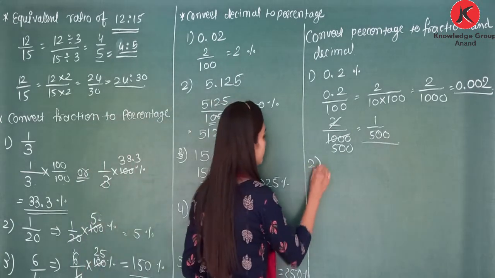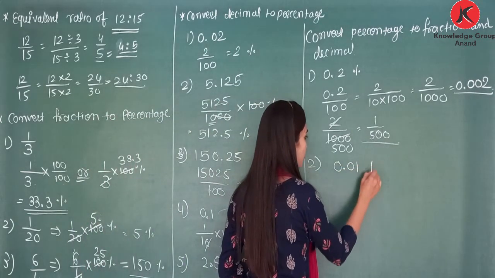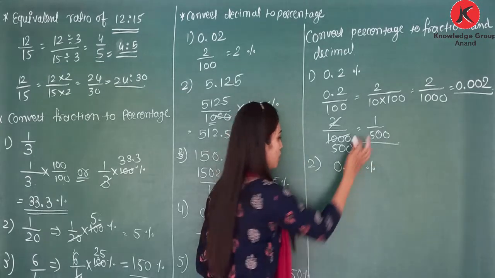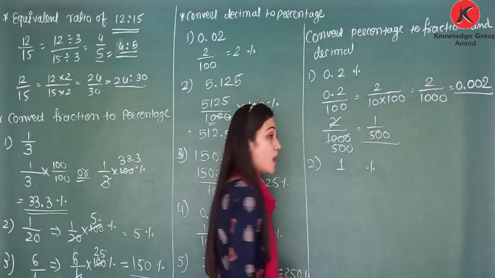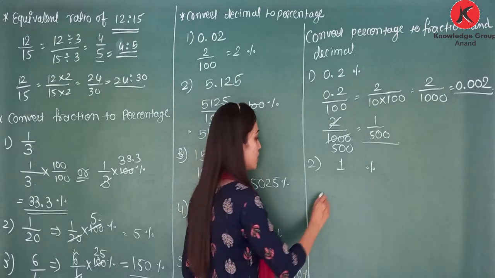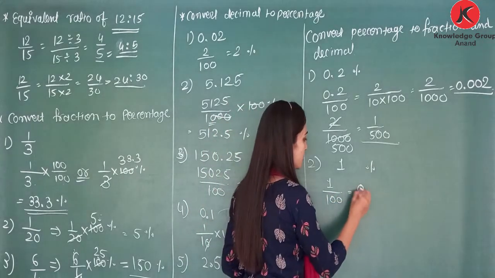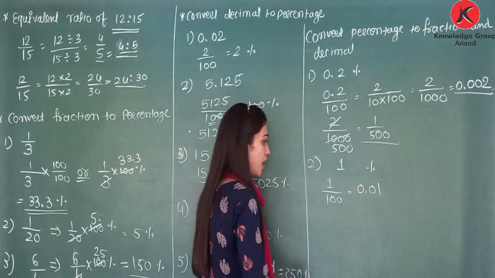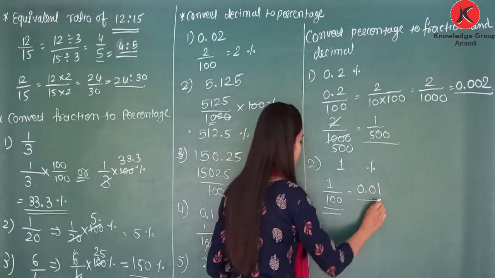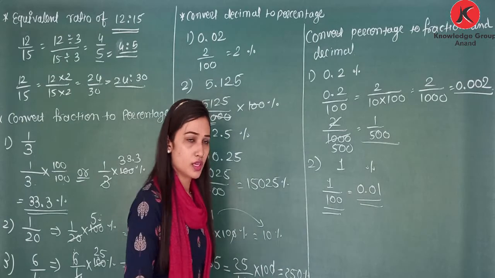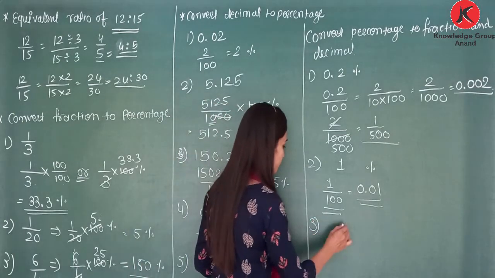One more, if we have 1%, how can we write it as a decimal? It is 1 by 100. So as a decimal it is 0.01 and as a fraction it is 1 by 100. Clear? Now next one.